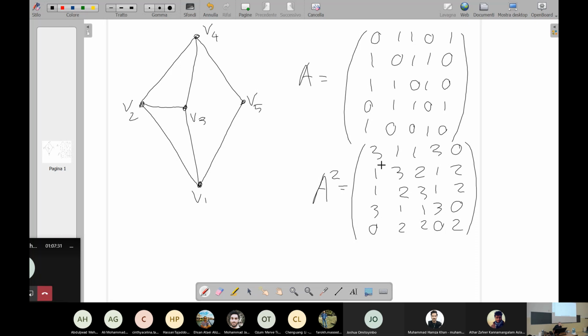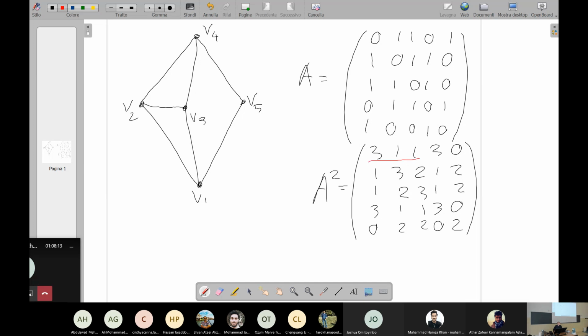So, for instance, let's say that we want to find the number of 3 walks from, say, V1 to V5, okay? And so this means that we have to take all 2 walks from V1 to other vertices and then a last edge towards V5, okay? Let's look, I'll just underline.